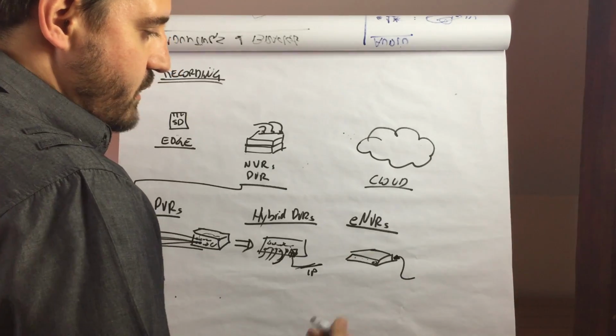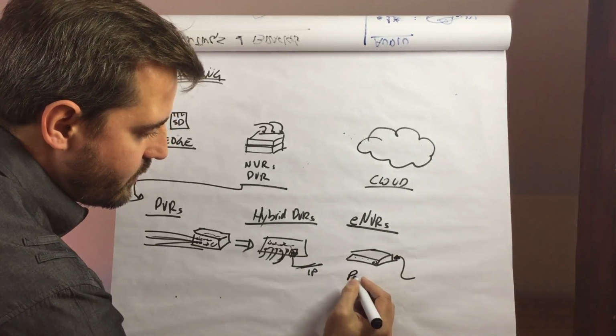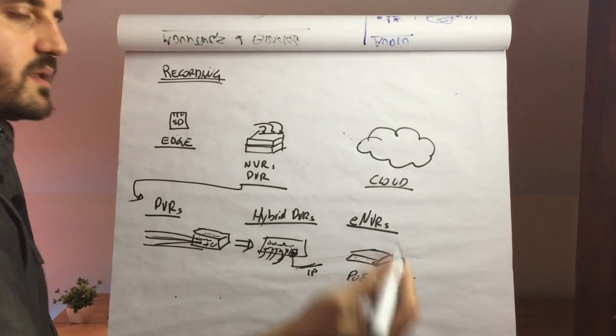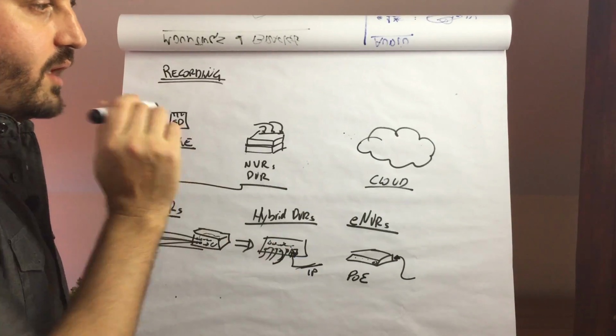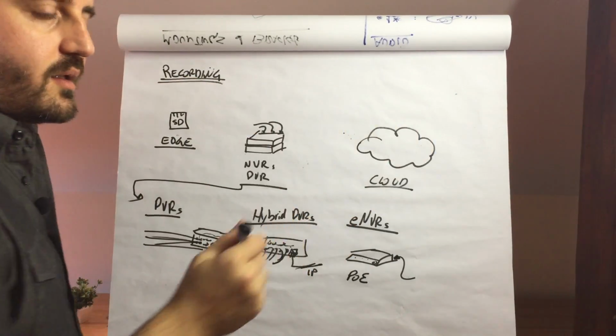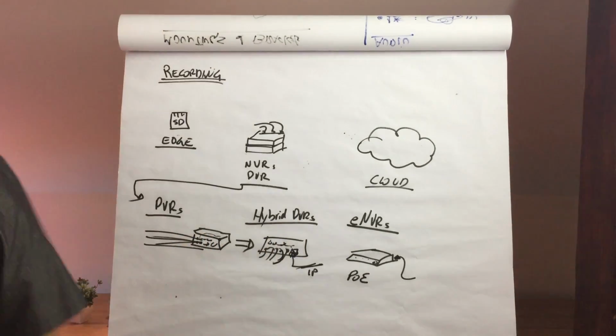Depending on the embedded NVR, we can have PoE ports in the back of the NVR, simulating a DVR where you connect all the cameras directly. So like this one here, let me show.